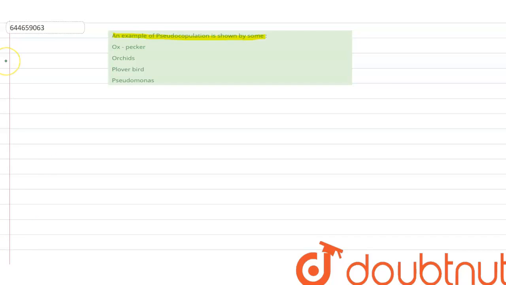Okay. Now, if we see in some of the Mediterranean orchids, for example, Orchis, what happens in these orchids?